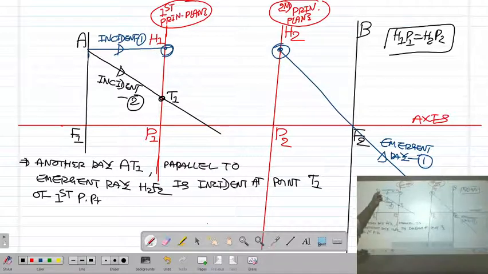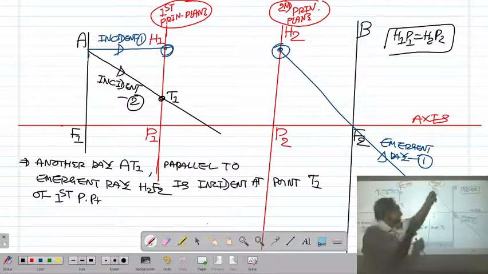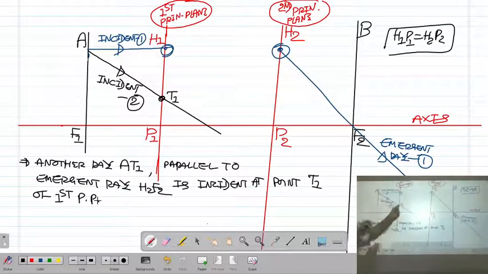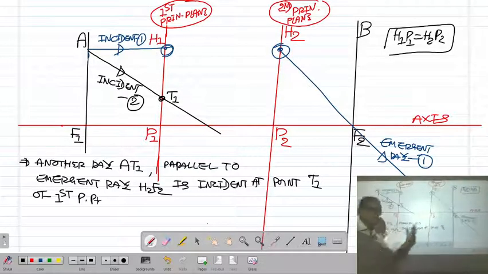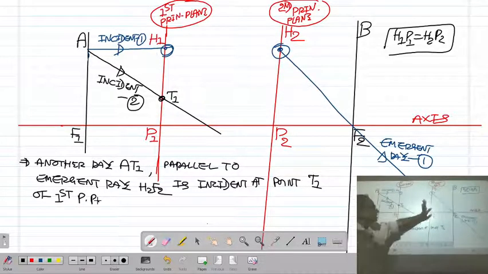Now let us consider the second incident ray AT1, parallel to the emergent ray H2F2, incident on the first principal plane H1 at point T1. It undergoes refraction in the lens system.